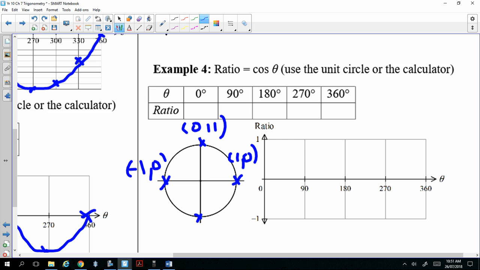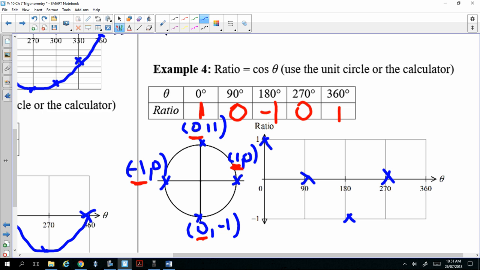Remember, the cos is the x value. So 1, 0, negative 1, 0, and then 1 again. Plot these points, and it goes like this.